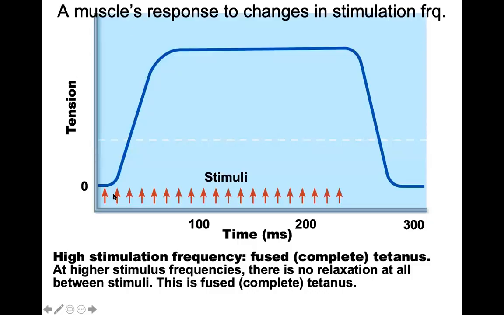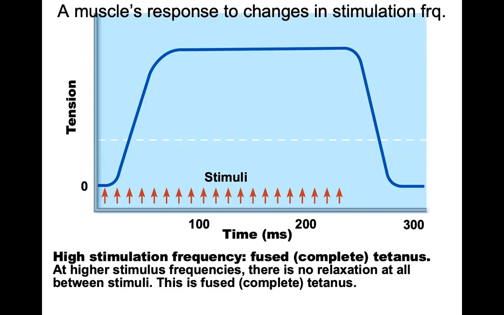Look at the red arrows, see how close they are to each other, right? You have the relaxed muscle here, your stimulus comes in, the latent period passes, and then you start to have muscle contraction. Notice there is no relaxation because the stimuli are so close together that it never gives the muscle a chance to relax.